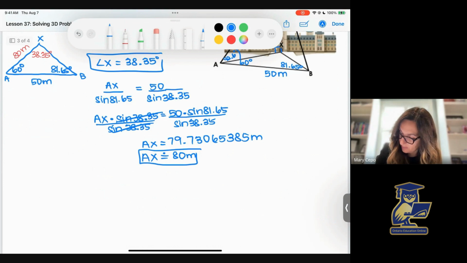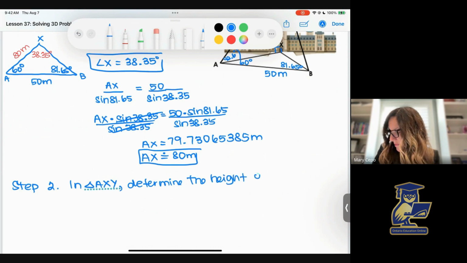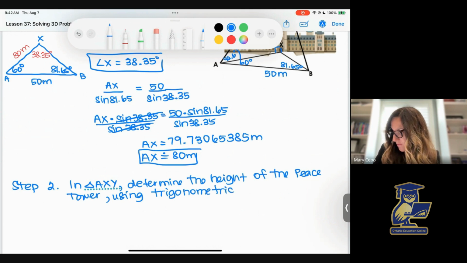So we're going to say step 2: in triangle AXY, determine the height of the Peace Tower using trigonometric ratios.